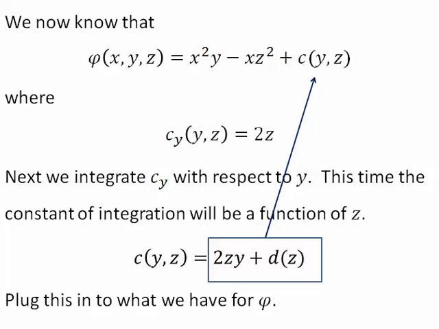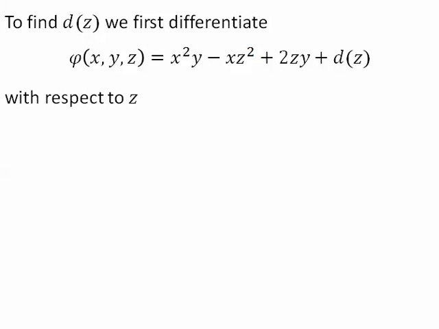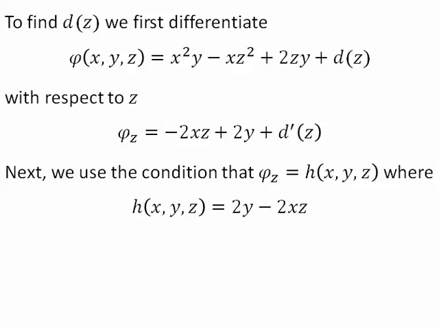All right, so now what do we know? Now we know that phi looks like this, and there's some leftover piece we need to figure out. What is the constant of integration, d? To find d, we differentiate with respect to z. Next, we use the condition that phi partial z has to look like h.